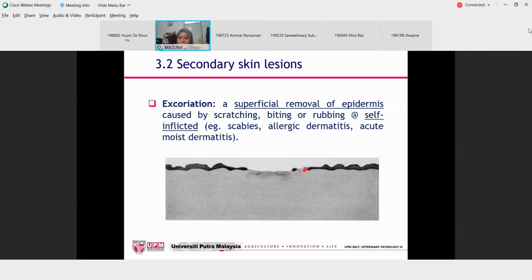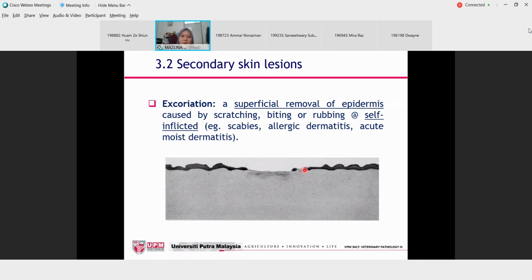The ears are infected, but somehow they tend to scratch their ear pinna or the areas behind the ear. So sometimes the owner will present the animal because of the skin lesion behind the ear pinna or around the ear, but in actual fact it is due to the infection in the ear that the animal is scratching.